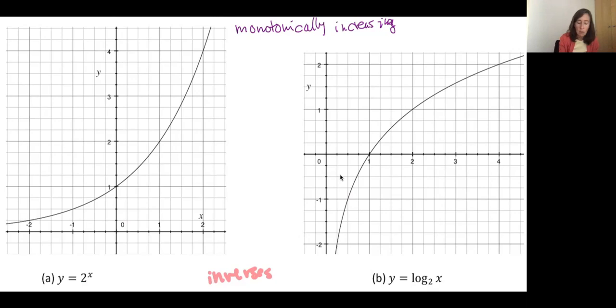For the exponential function over here, the domain is all real numbers, but the range is positive numbers.